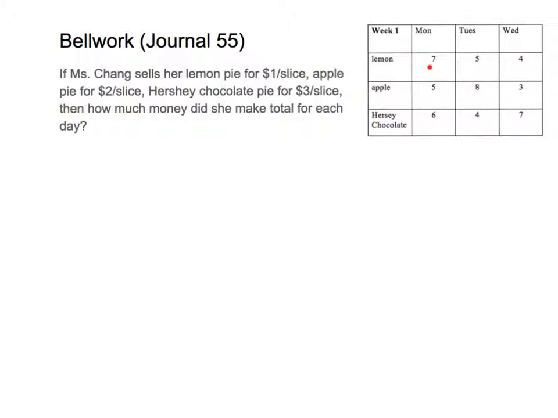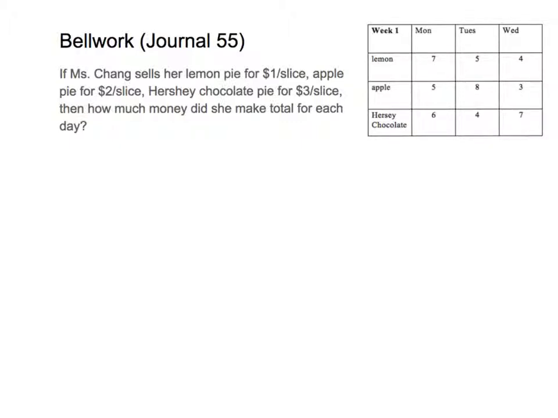So 7 lemon pies times $1, 5 apple pies times $2, and 6 Hershey chocolate pies times $3, and then add them all up to get how much I made on Monday. And then I would do it for Tuesday and Wednesday, right? So that's exactly what I'm going to do here.